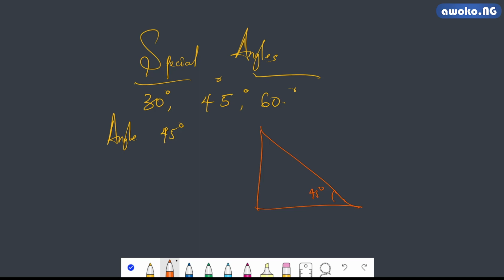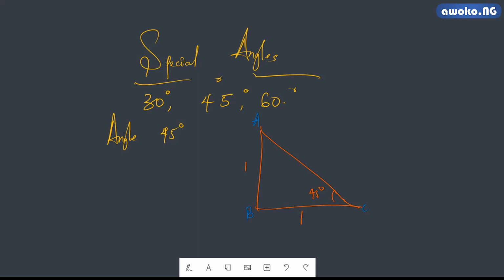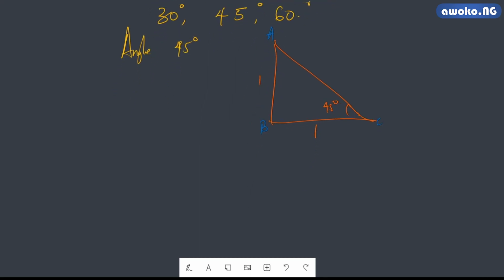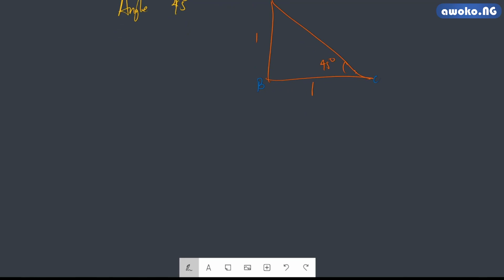Now, the opposite side here is 1 and the adjacent side is 1. And let us call this triangle A, B, C. The assumption has already been stated. Is that okay? And we said from our previous class that the square of the hypotenuse is equal to the square of the adjacent plus the square of the opposite. So, what is our hypotenuse here?